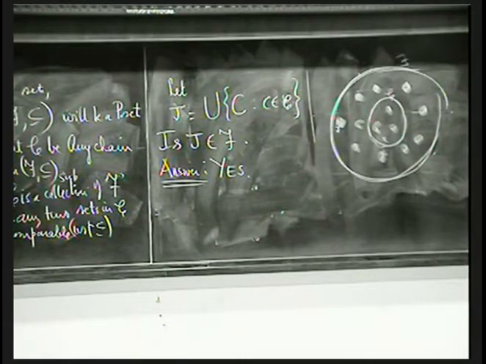Why? Because this is something that is a hand-waving proof. How do you say that? So therefore you are saying the union of every element of the chain must be in the chain. You think carefully.